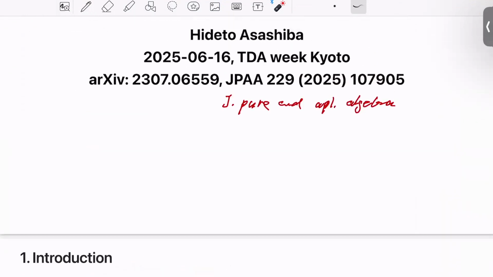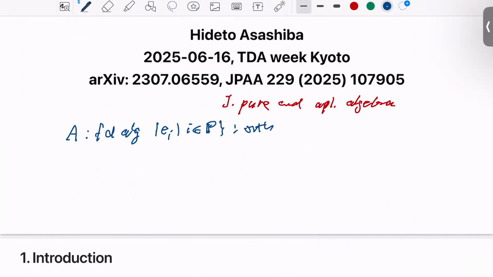I will write here: A is a finite dimensional algebra with an orthogonal set of primitive idempotents E. Usually basic.